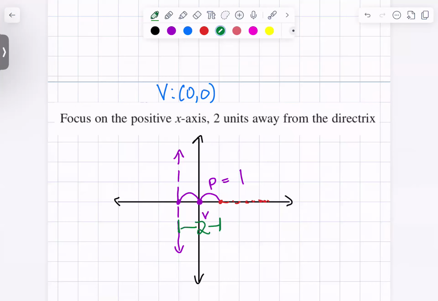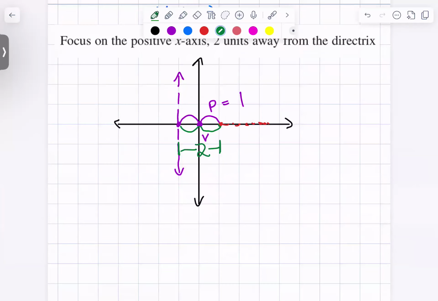And you know that the distance from the focus to the directrix is actually 2p, because you have a p from the focus to the vertex, and you have a p from the vertex to the directrix, right? So it's 2p. Okay, so your p-value is 1. Your vertex is at 0, 0. And it's a horizontal one. So it's y squared equals 4px. So it's just y squared equals 4x.